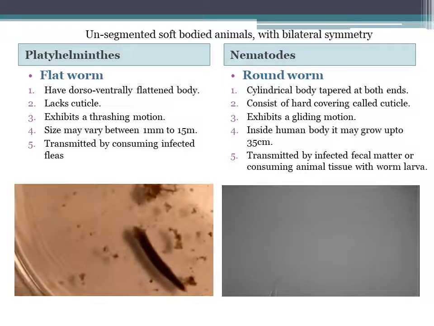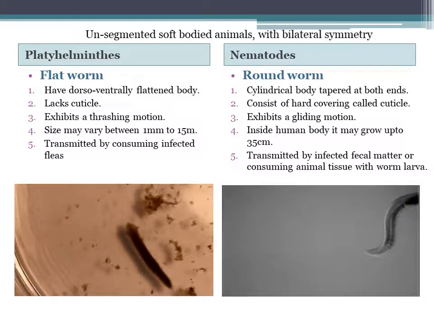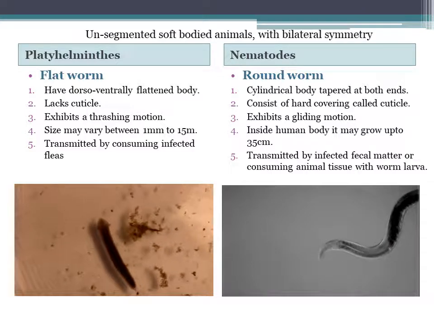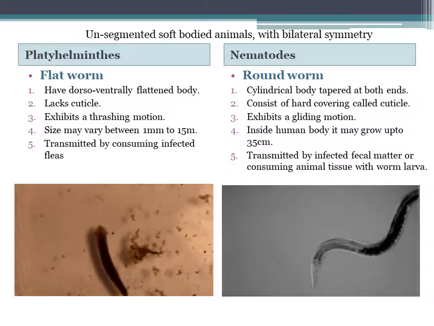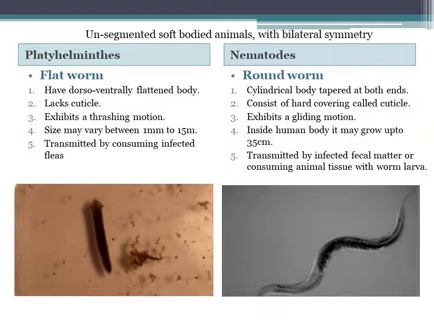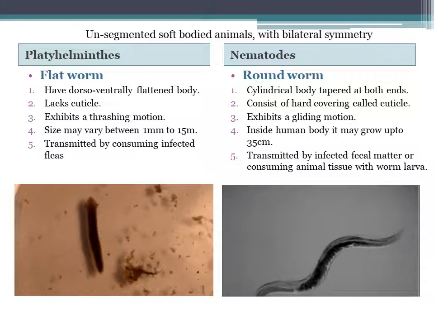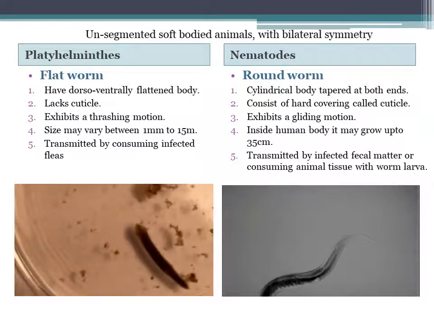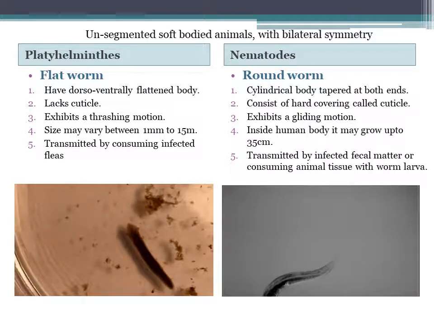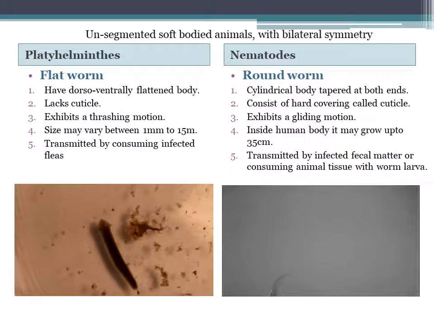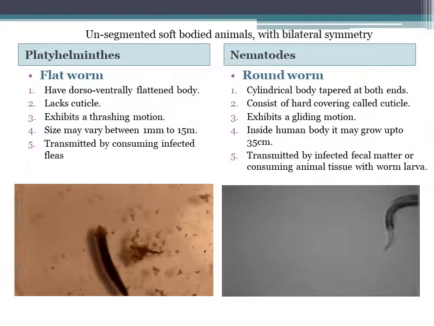So both are derived from the same place, but based upon their covering, these groups are different. Next, their movement. This GIF image will help you see what type of movement they possess. First, flatworms exhibit a thrashing movement, while nematodes exhibit a gliding movement. Gliding movement is what you see in snakes and all.